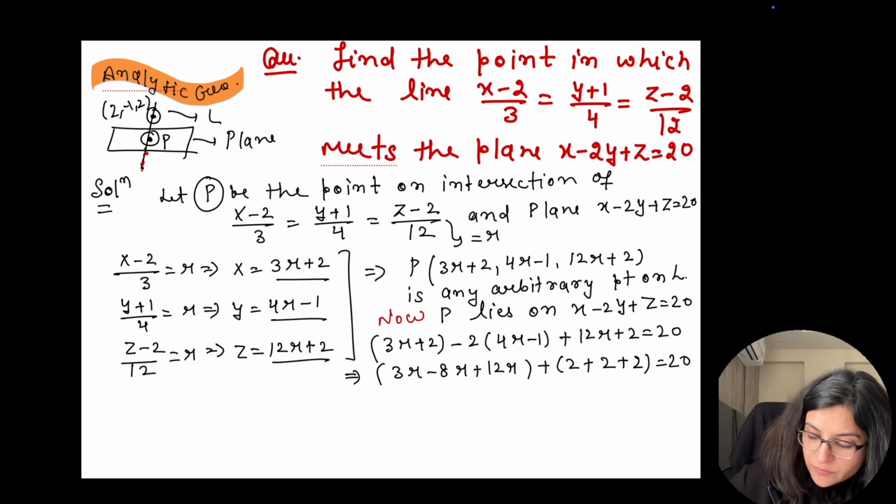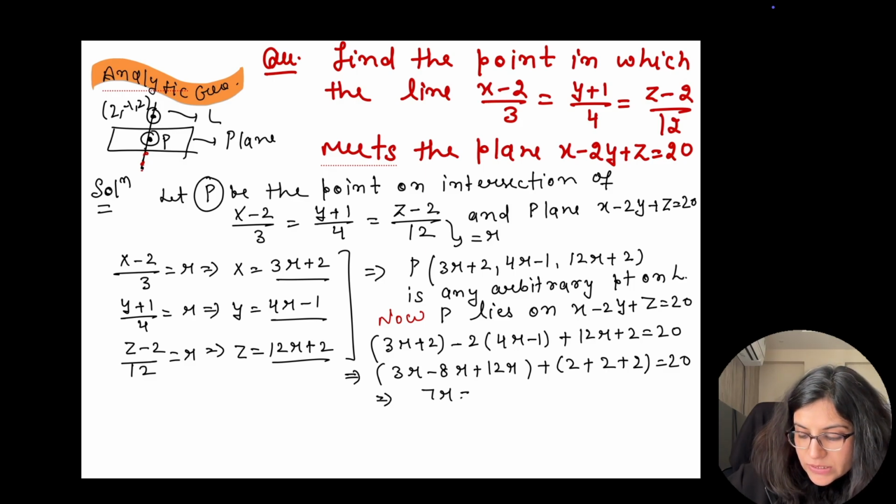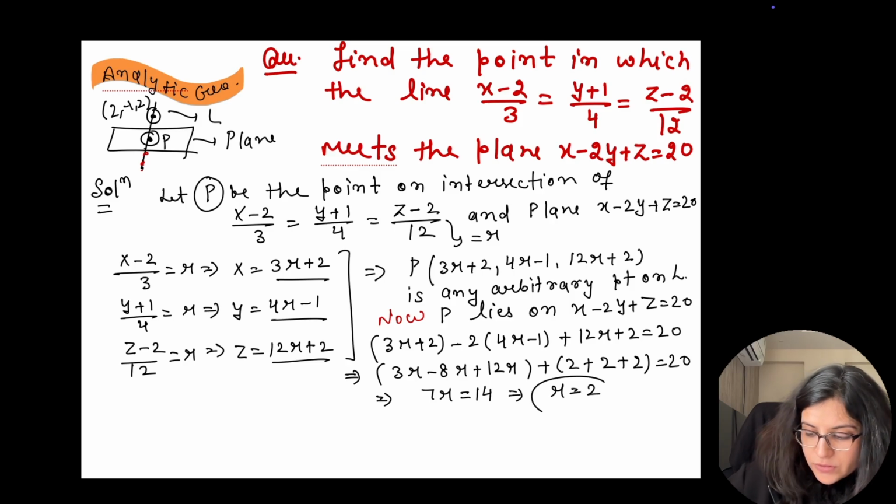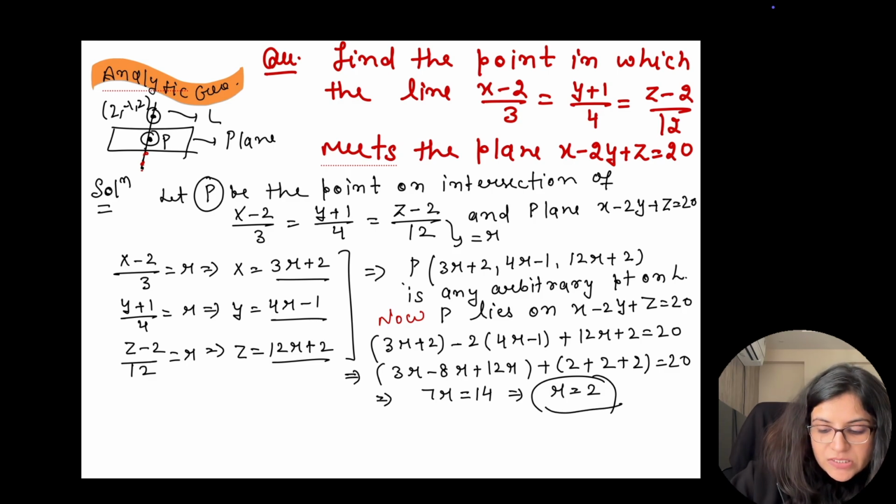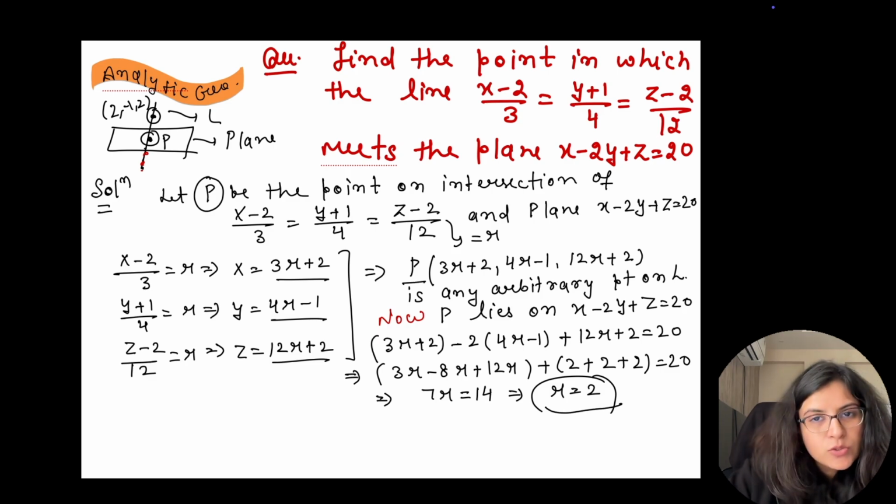So it is 15 minus 8, that is 7r, plus 6 is equal to 20, that means 7r is equal to 14. So I got r equal to 2. So I got the value of r. So this r is for the specific point P, which passes through the plane as well.